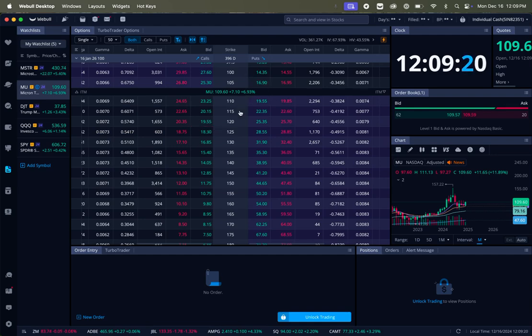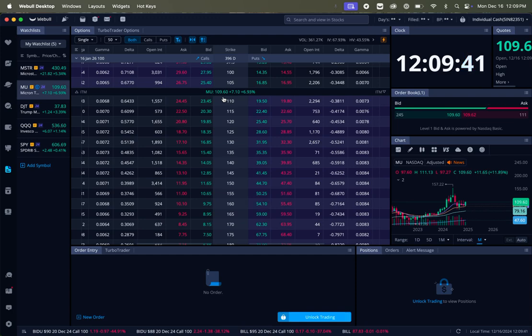Let's suppose I want to get into MU, and I want to figure out where's point A and where's point B. Point A being right now, and point B being the future price, the expected move. I want to figure out that map.